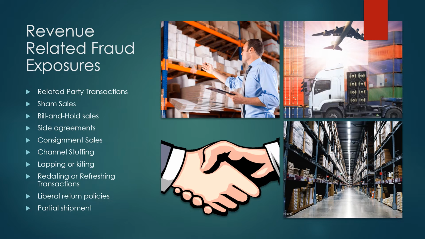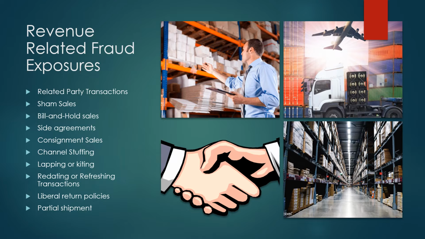The most common revenue-related schemes are related party transactions, meaning arrangements that create conflict of interest. Also, sham sales, fictitious sales, bill and hold sales. Sales are recognized while the requirements for recognition are not in place. Side agreements are made secretly, outside normal business channels.